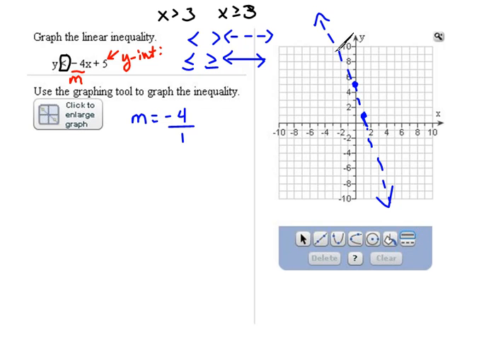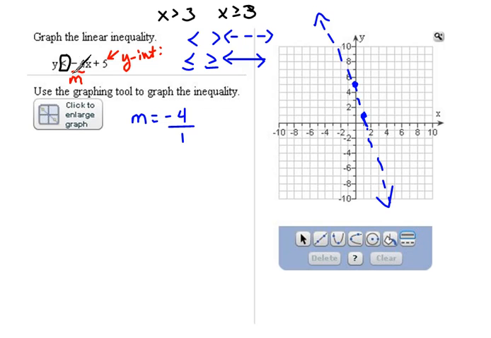Because every point along this, if it had been a solid line, then every point along here would work in the equation. But because this is just less than and not any equal to, then any point along this line acts more like a barrier rather than an exact solution.